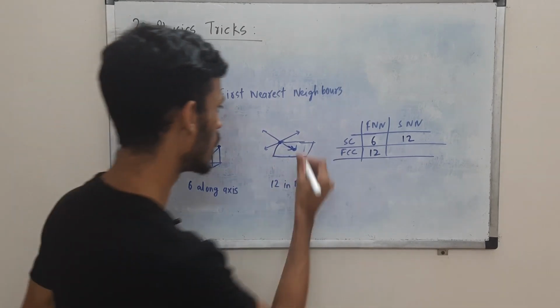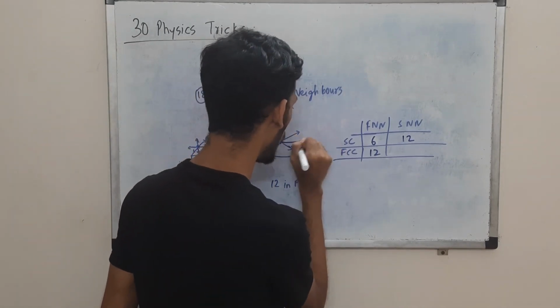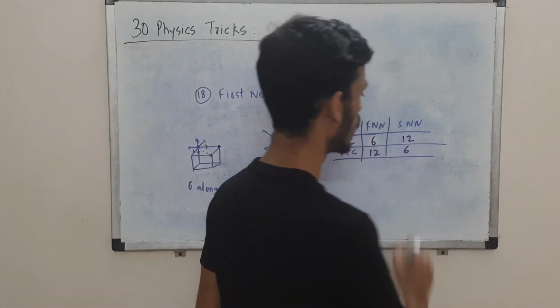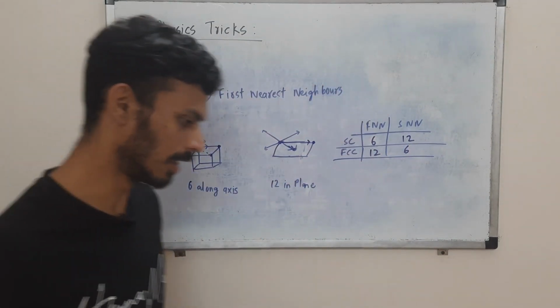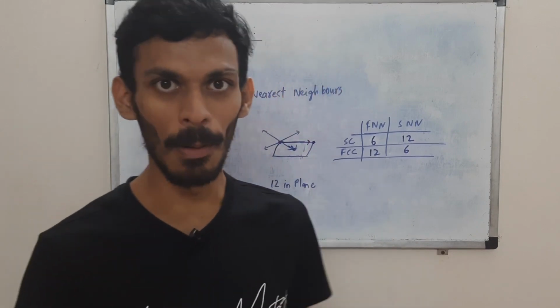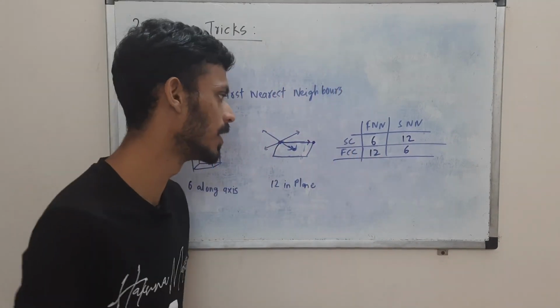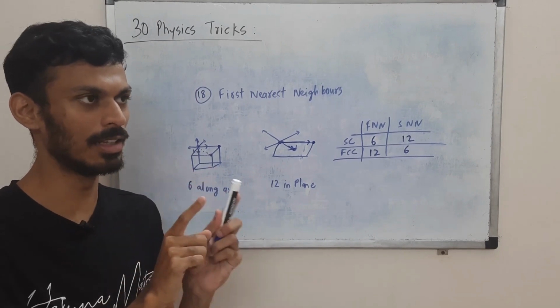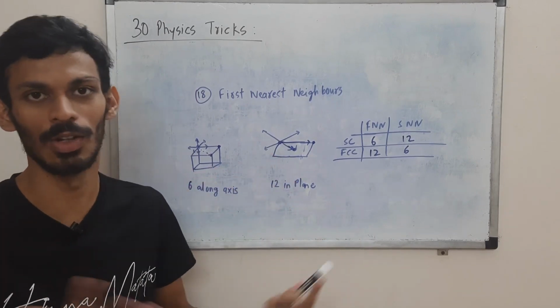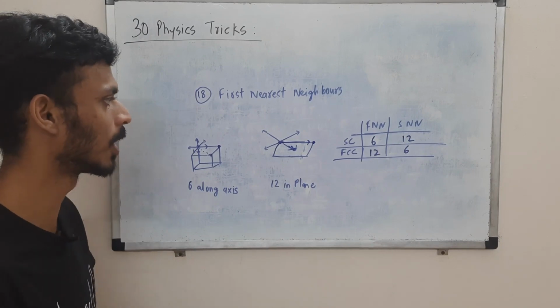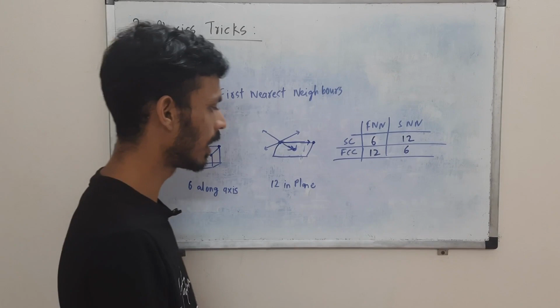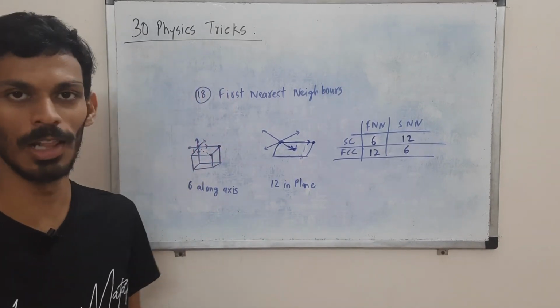And for FCC, you can see that the second nearest neighbor will be now along the axis, so it will be 6. So you can proceed with this logic. It will be slightly trickier for body centered. This will fail, because first of all, there is an atom in the body center, and the first nearest neighbor is not actually along the axis or plane, right? So that will fail over there. So the short trick here is 6 along axis, 12 along plane.